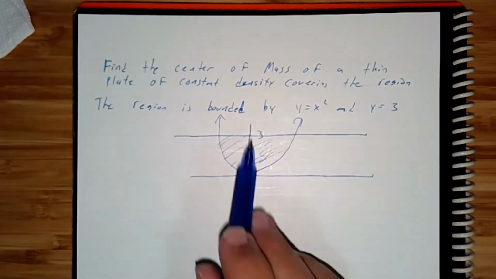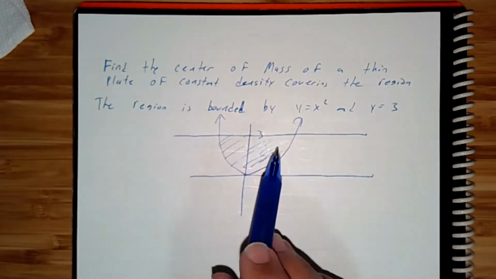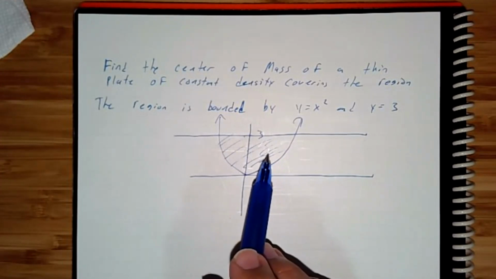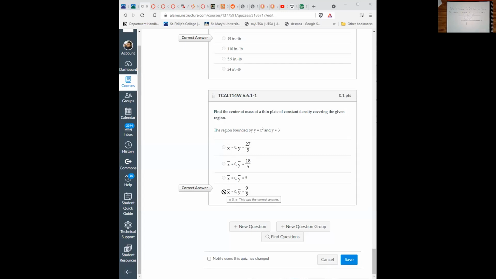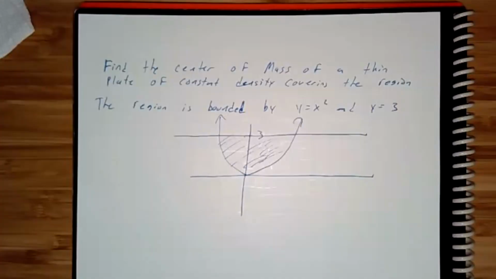So the x bar has to be 0. That's why the answer choices, if you notice, all the x bars are 0. So you don't have to calculate that guy, just the y bar. If you ever see symmetry like that, right along the middle, then you know that x bar will be 0.